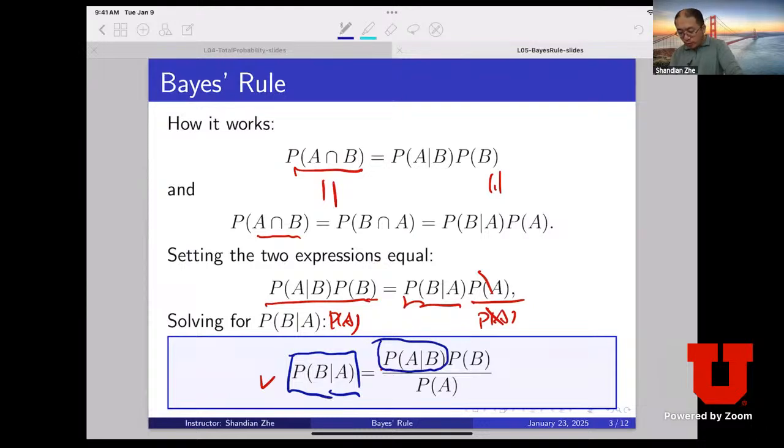This rule tells us the quantitative relationship between these two conditional probabilities.